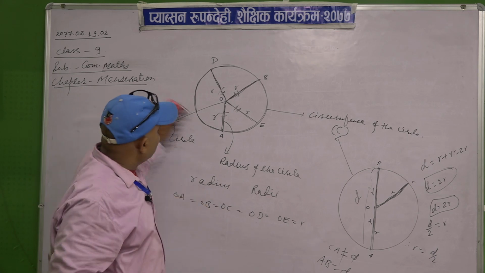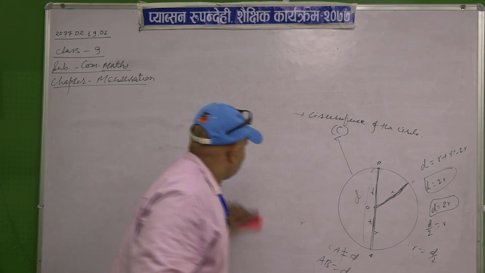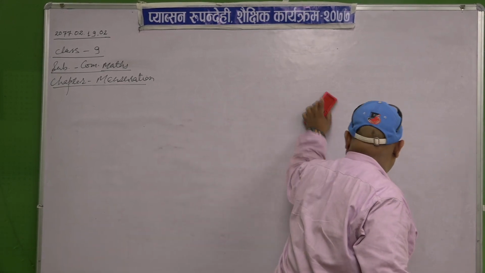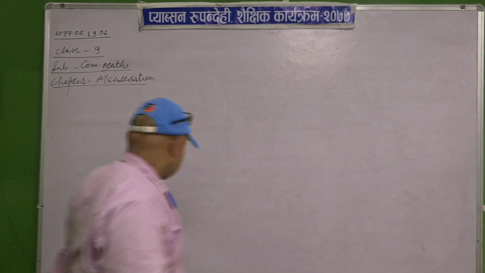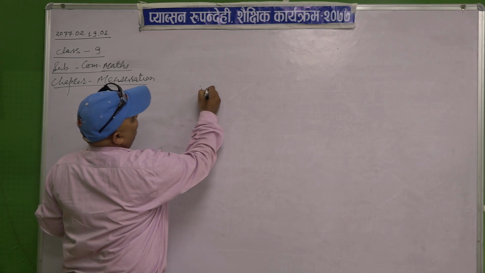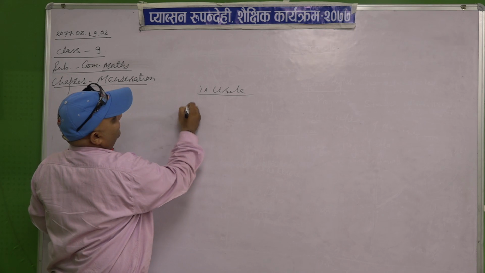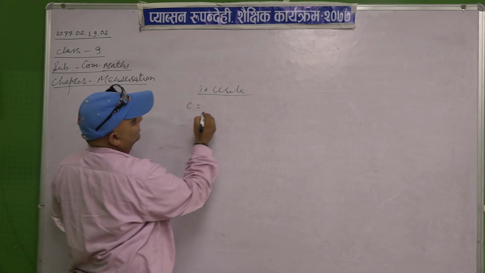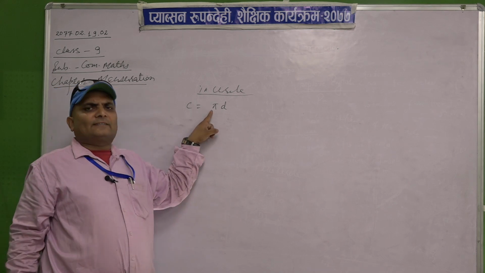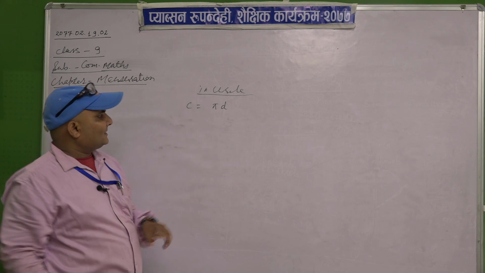Okay? Now, I am going to rough this. In a circle, circumference C is equal to pi d. I know that you know the meaning of pi and the value of pi.